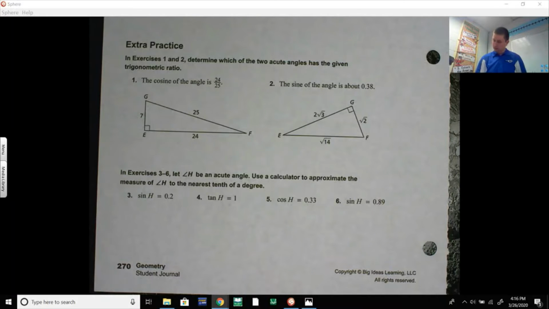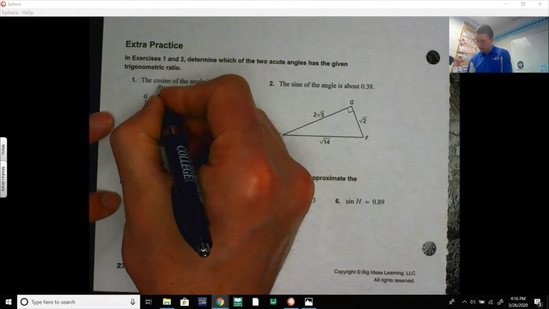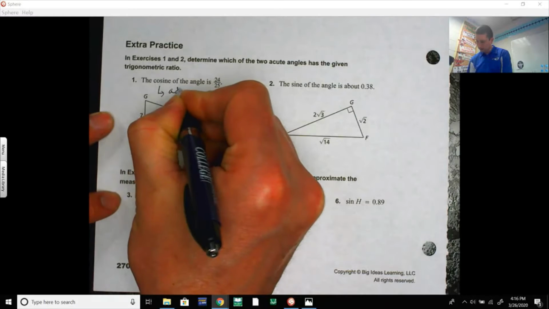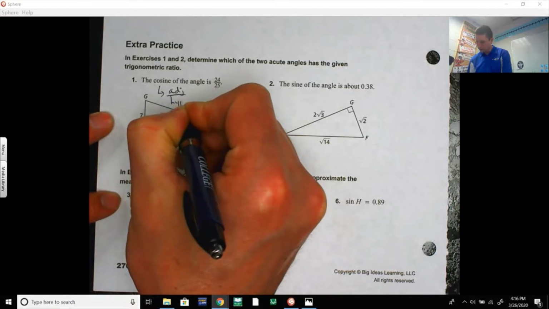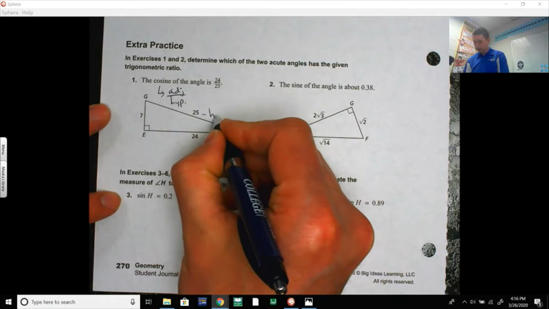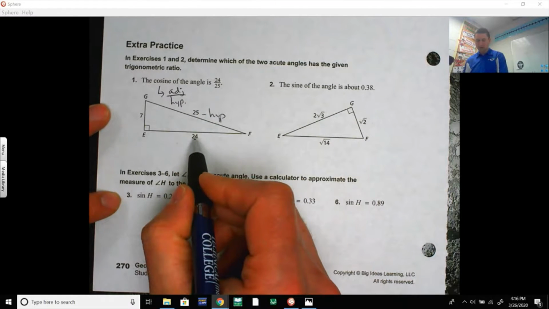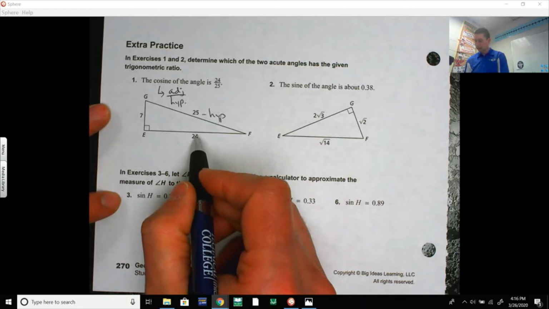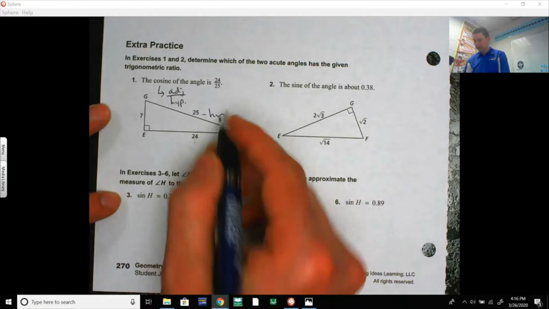Okay. So they say the cosine of the angle is 24 over 25. So now we know that cosine has to be adjacent over hypotenuse. So 24 over 25. 25 is the hypotenuse.